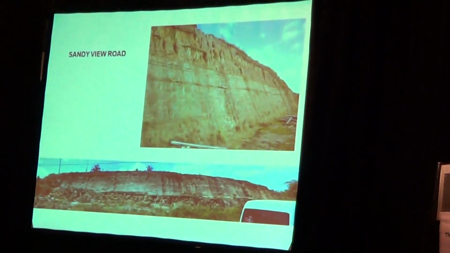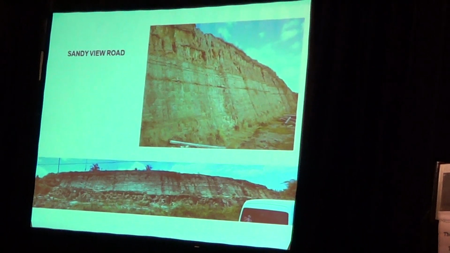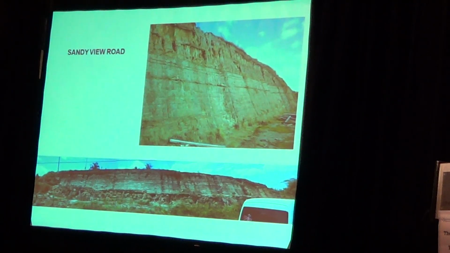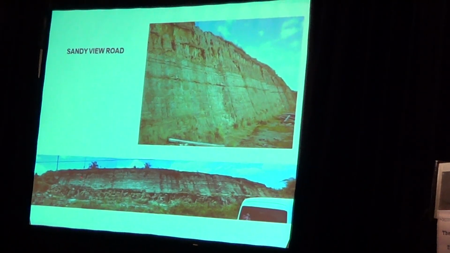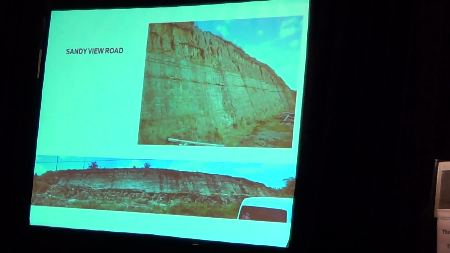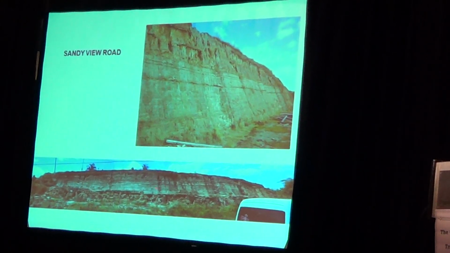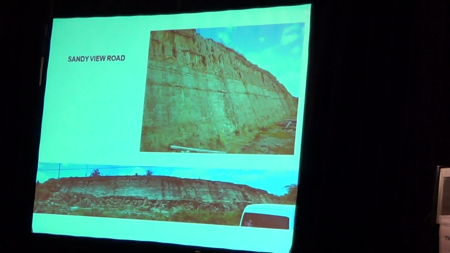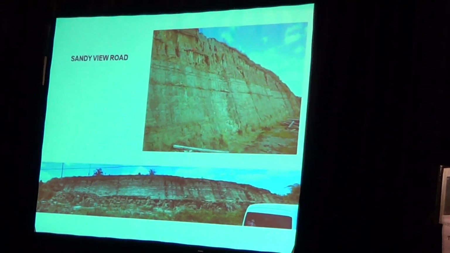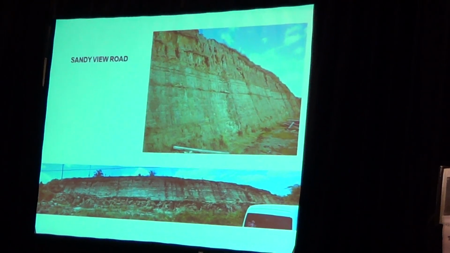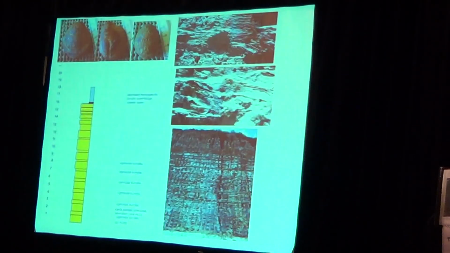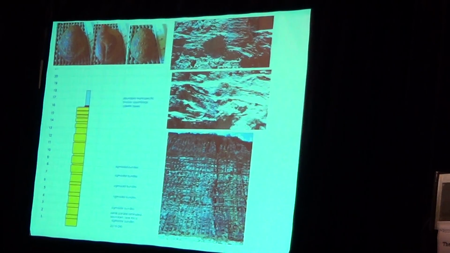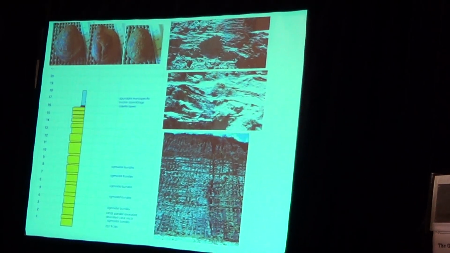Sandy View Road, this is one place where you can actually see the top of the unit preserved. Again, fairly planar and parallel. There are some very small faults in this outcrop. As you go upwards, you get less and less sandy. And above here is actually a zone of bivalves, which I have some photographs of here, and a little measured section.